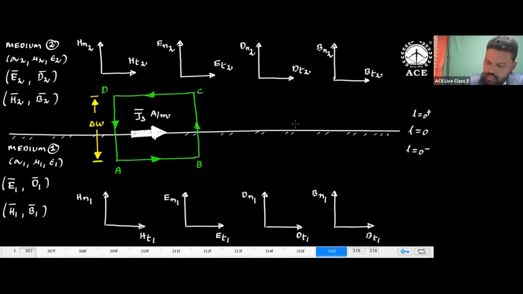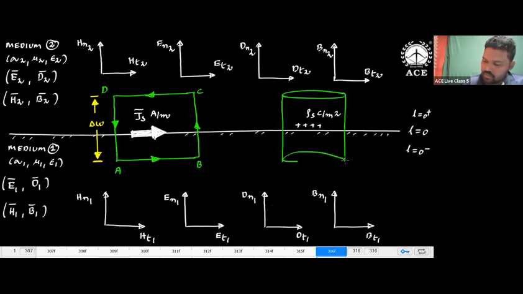And remember, there are charges here. Rho s coulomb per meter square. And I'll consider normal direction in this way, beta, for this one. Here it is n cap. Obviously, this will become minus n cap.